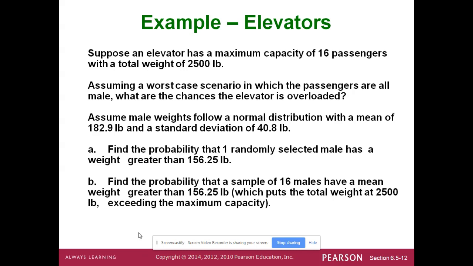You're doing a normal CDF of 156.25 as your lower bound, since we want to the right. Your upper would be what? 1E99. That gets us to the infinity side of things. We put a mean of 182.9 and a standard deviation of 40.8, and we can get that.